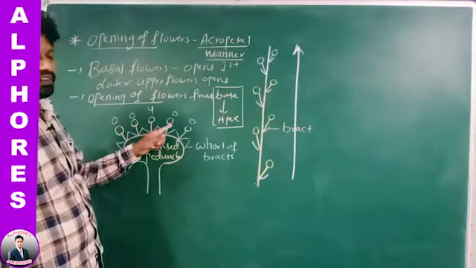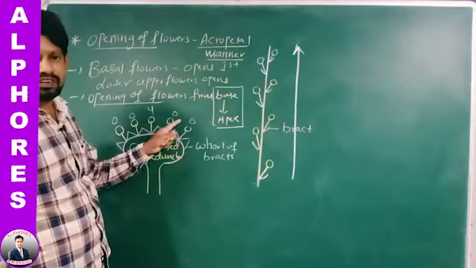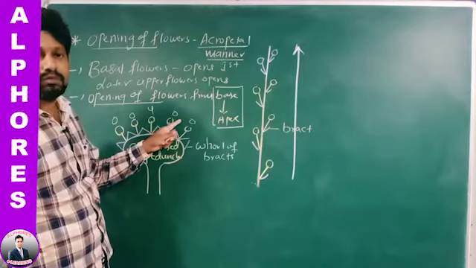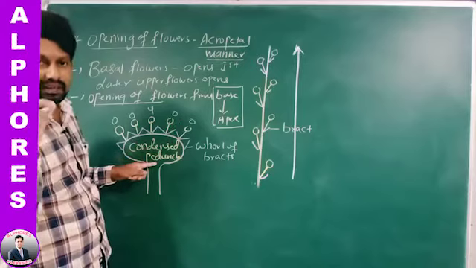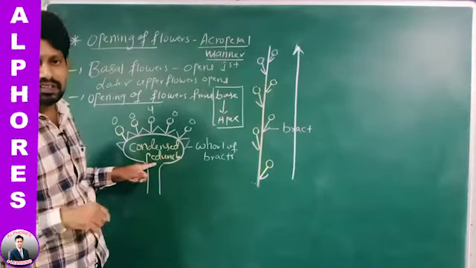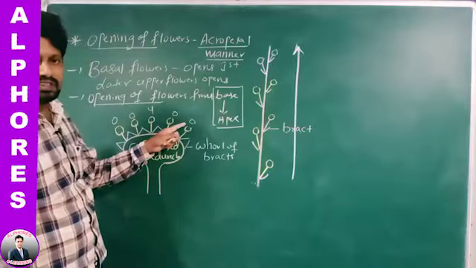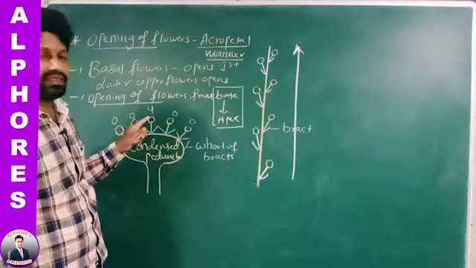Therefore, older flowers in the periphery, younger flowers in the center. So, arrangement of flowers is in centripetal manner. I am speaking about racemose inflorescence and the condition is peduncle is condensed.